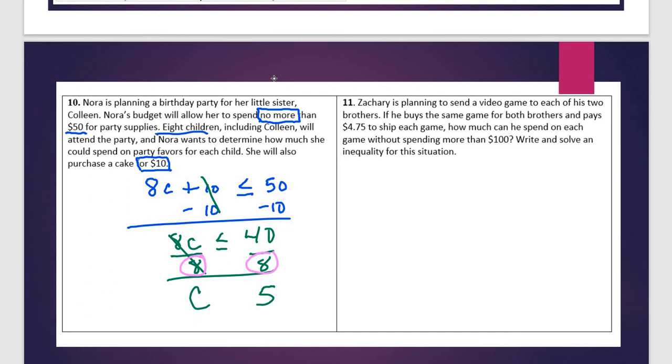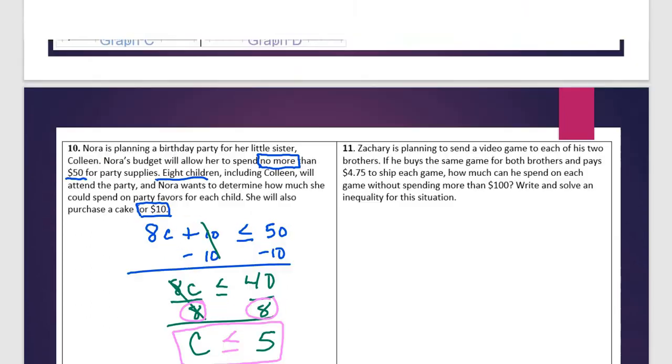If you divide by a negative number, you have to flip the inequality, so ask yourself, did I divide both sides by a negative number? And the answer is no. So we keep the symbol the same. So she can buy 5 right here. Because you're answering, Nora wants to determine how much she can spend. So she can spend $5 on each party favor.